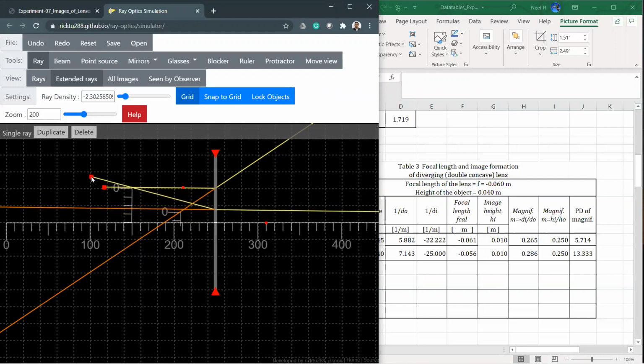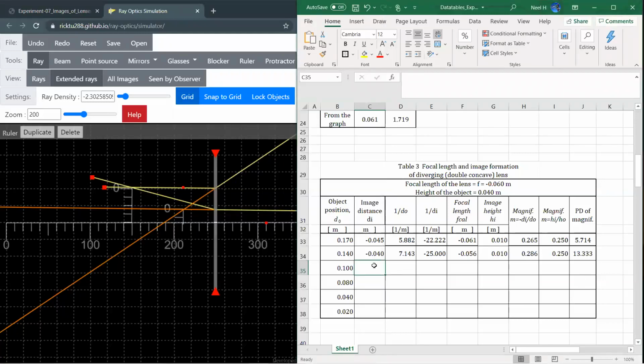If I realign the ray, now you can see the image is slightly shifted, but not anything significant. I can now measure down to maybe 1.5 magnification if I take a picture of that. And image location is now minus about still 0.04.